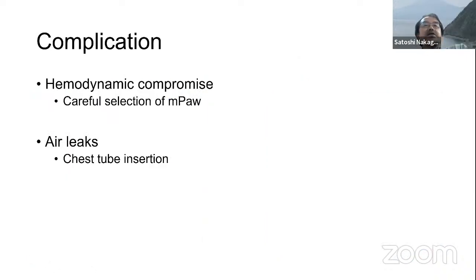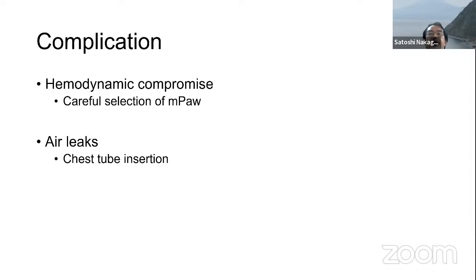A major complication we see with high frequency oscillation is hemodynamic compromise. So we have to choose the mean airway pressure very carefully. If you're not used to high frequency oscillation, it is better to titrate from a lower level of mean airway pressure, 3 to 5 centimeters higher than that of conventional mechanical ventilation.